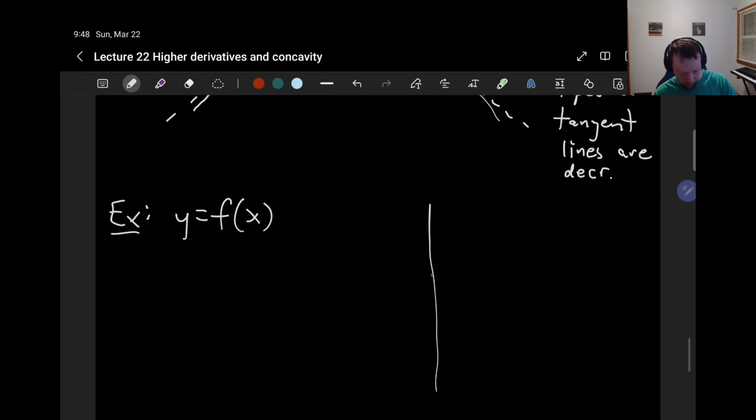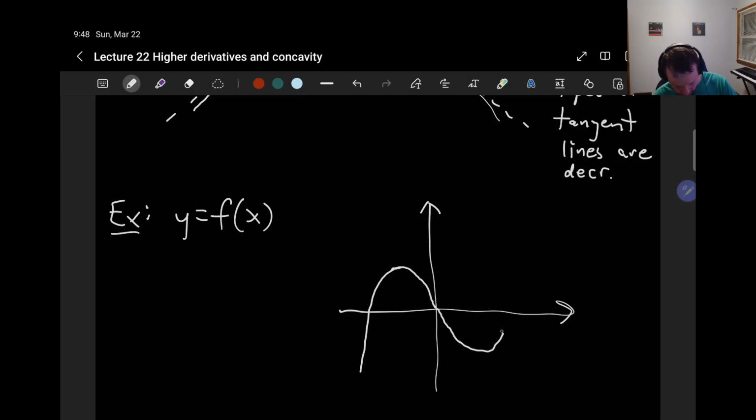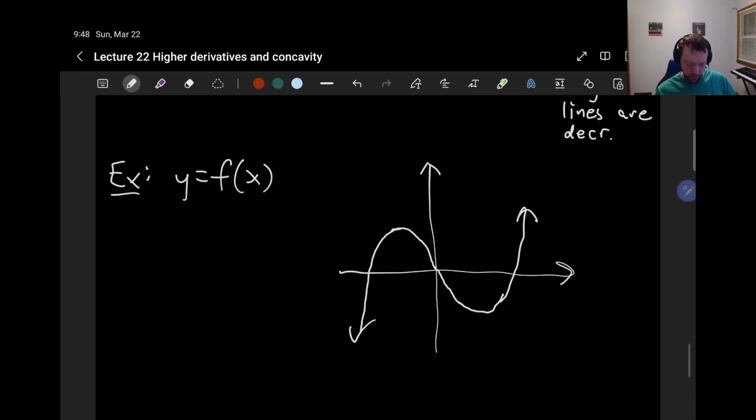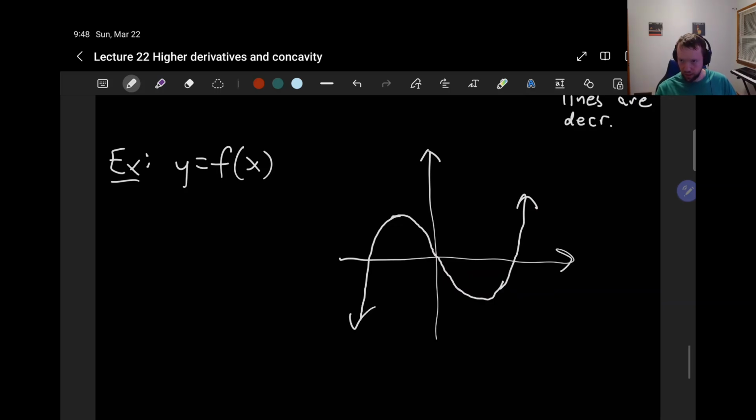So here's a graph of y equals f of x, making it something like this. We hit the origin and go back up. So it is possible just by looking at a graph to tell where it's concave up or concave down.